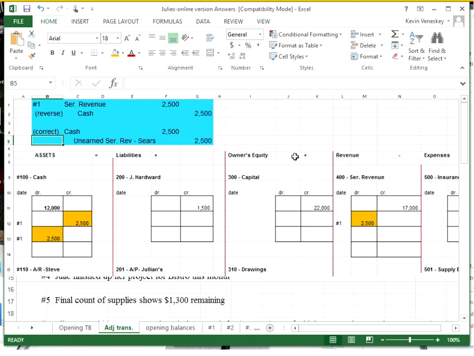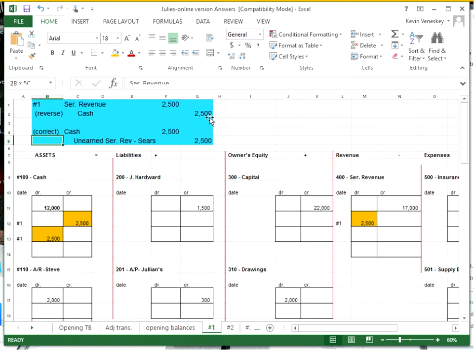So let's look at that first entry and what I'm doing. I'm going to pick method number 1 that I discussed in the previous video, and I'm just going to simply reverse the incorrect entry and then show the correct entry. The incorrect entry before had a debit to cash and a credit to sales revenue or service revenue. So I just want to reverse that, zero everything out and pretend it didn't happen.